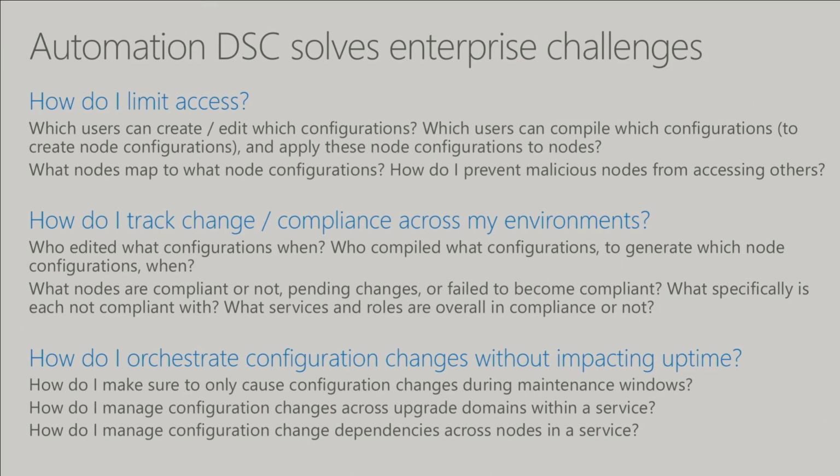And you can also orchestrate the configuration per your specifications and make sure that it's consistently deployed across. You can have one configuration and deploy it across multiple nodes. So Automation DSC allows you to define the configuration and converts it into node configurations for you. And then it allows you to onboard any number of nodes to any particular node configuration and maintains those nodes in that particular configuration.